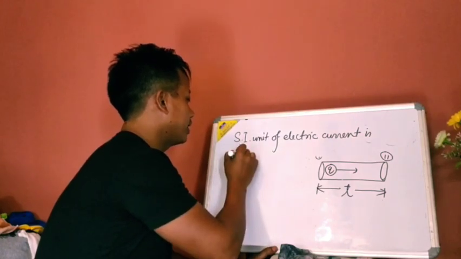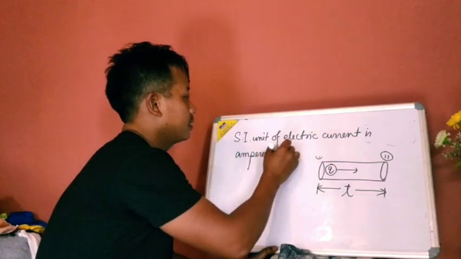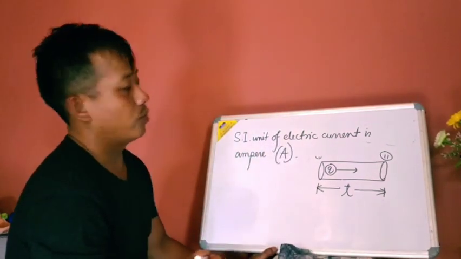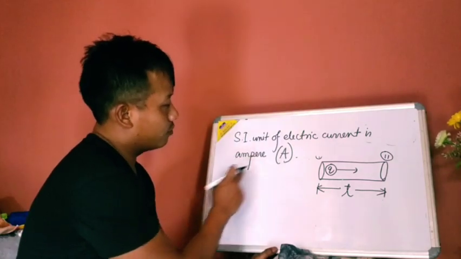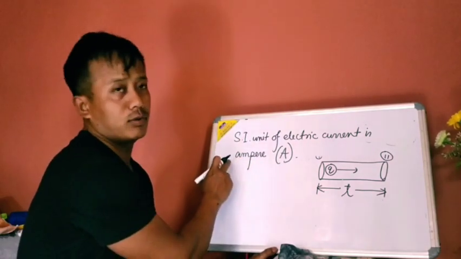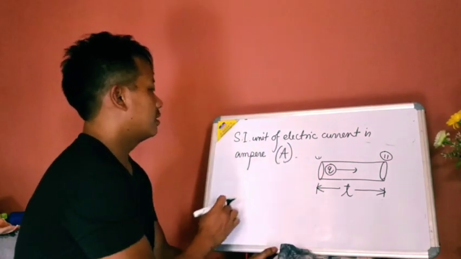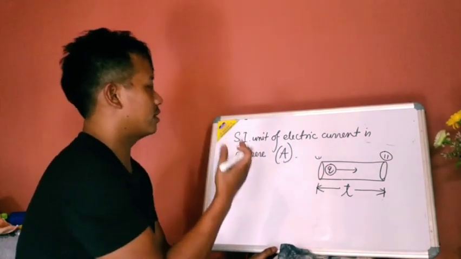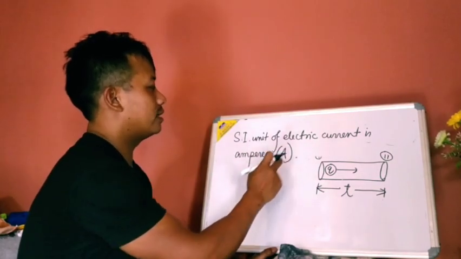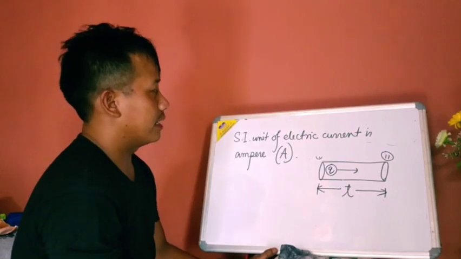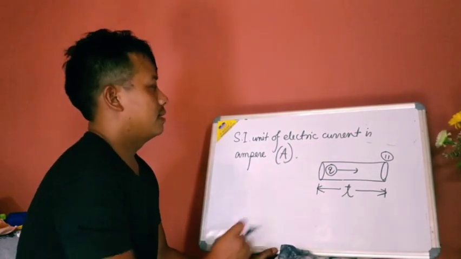When you write the SI unit in the long form, it should start with a small letter, ampere. This is from the sign convention in physics. And when you write the notation, it should be capital A.